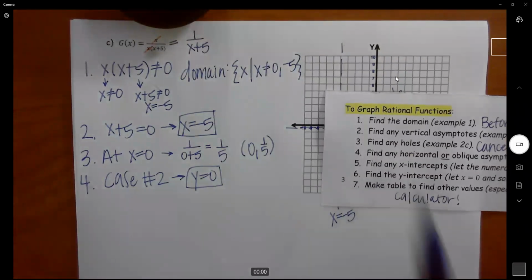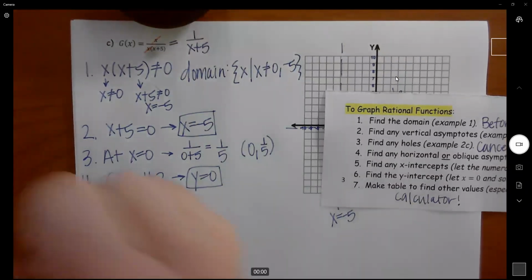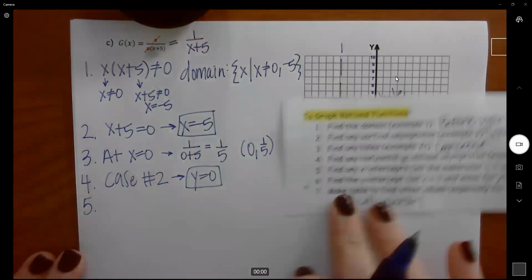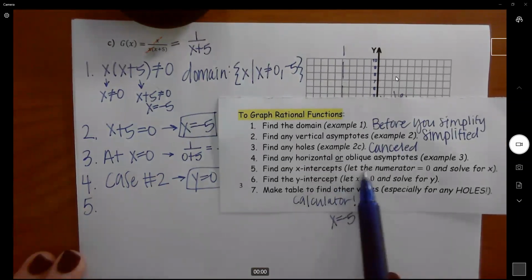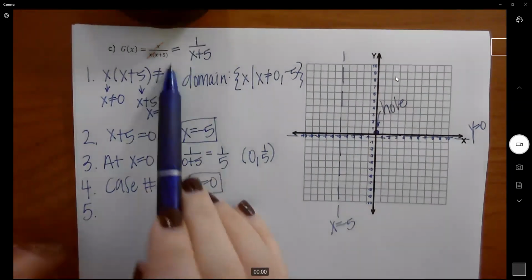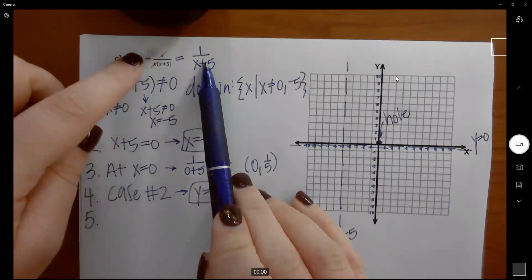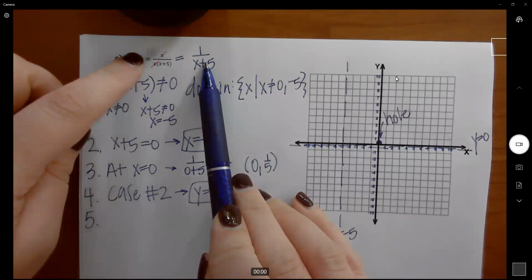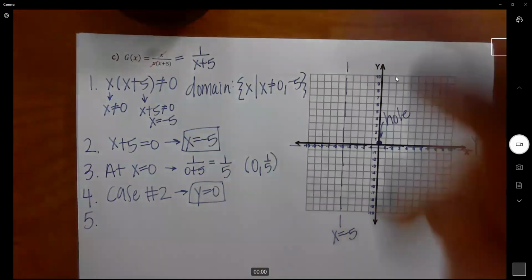Step 5 is to find your x-intercepts. You find your x-intercepts by letting the numerator equal 0. It doesn't matter which one you pick. Yes, it does, actually, doesn't it?